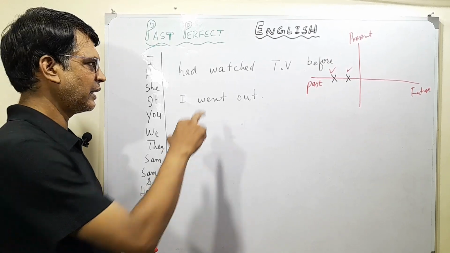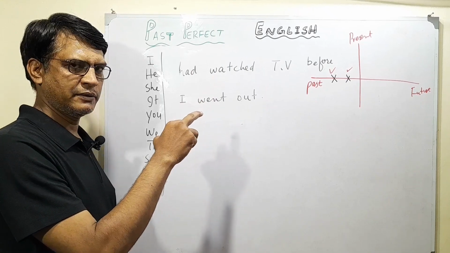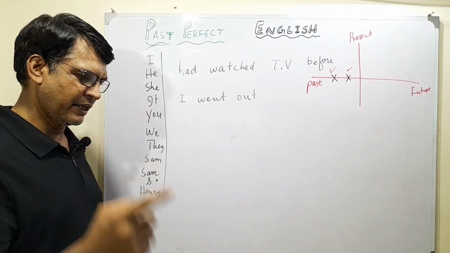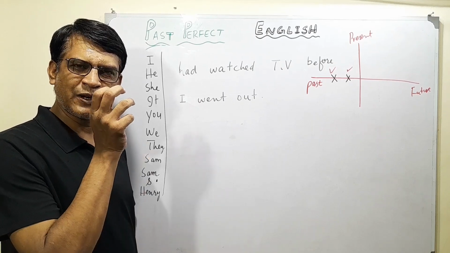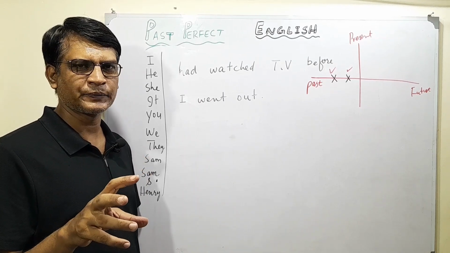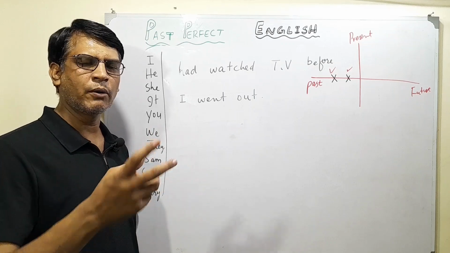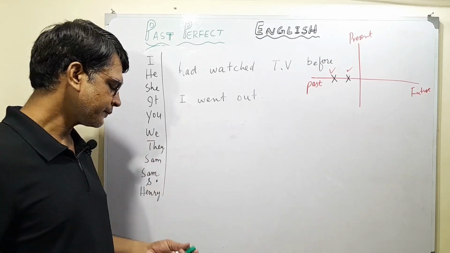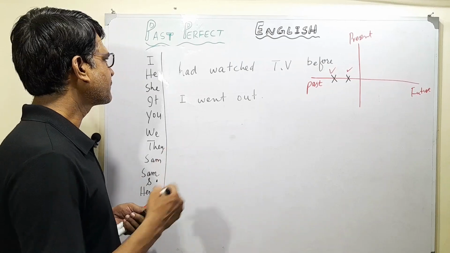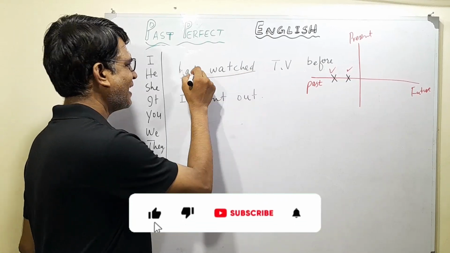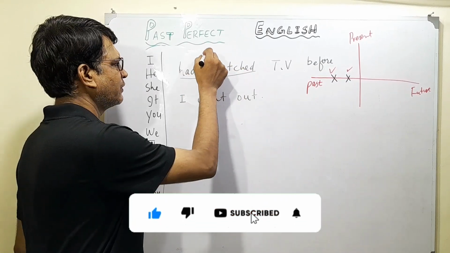I'm using two tenses again because, like I said, I'm repeating it again and again to help you understand that past perfect is not just one tense, it's a combination that we need to understand. So, I had watched TV before I went out. This had, the third form of verb we are using.